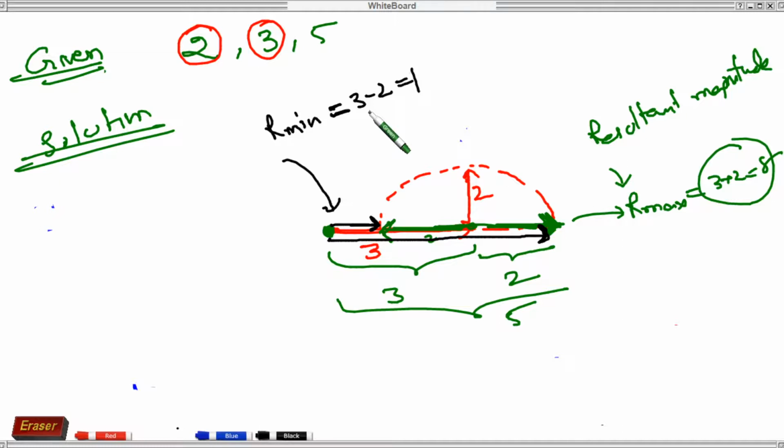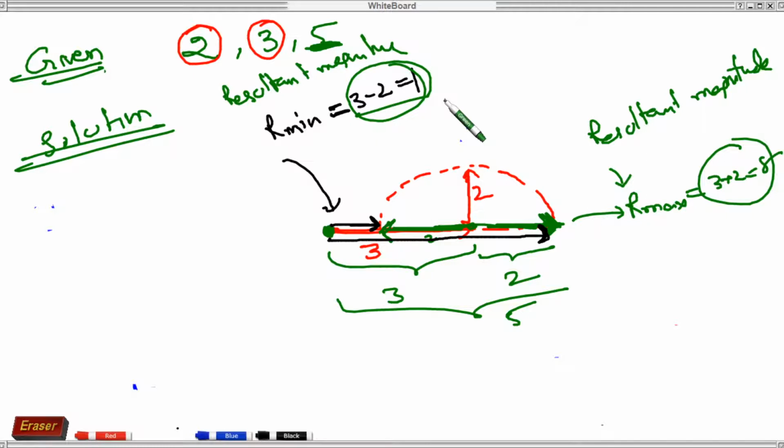And here its minimum is 1, the resultant magnitude minimum value. So you can see here our third vector magnitude 5 lies between 1 to 5, so you can say it's in equilibrium.